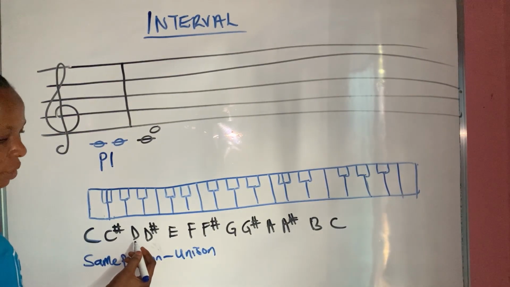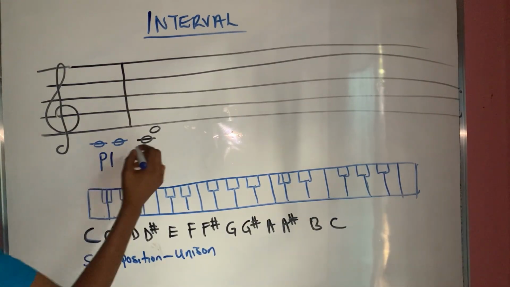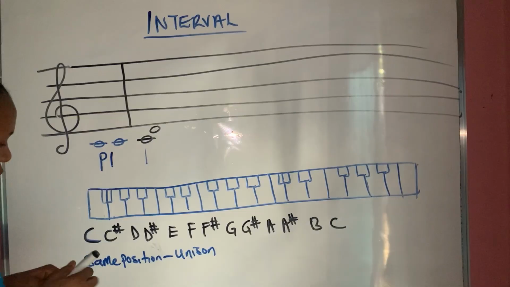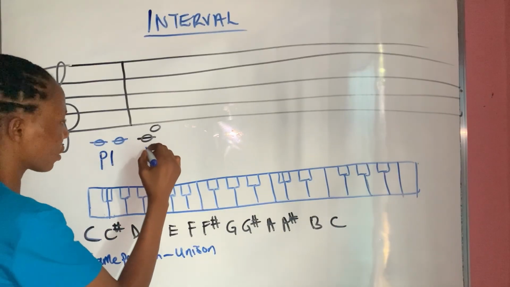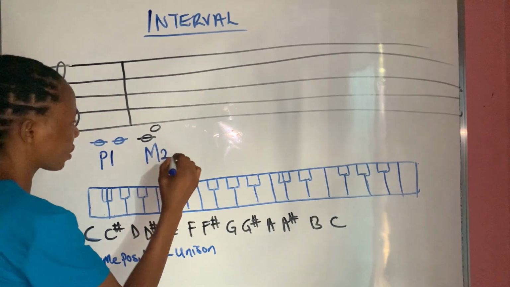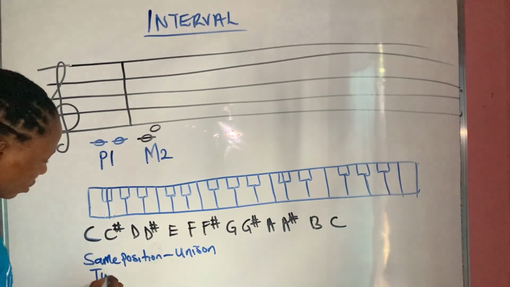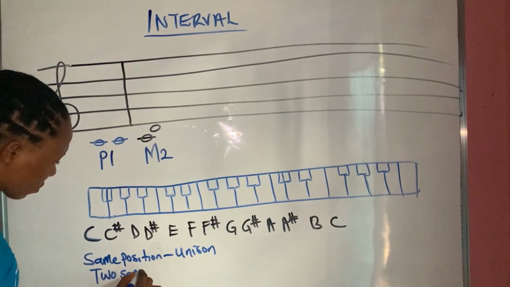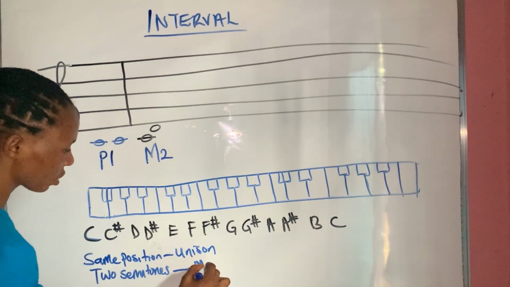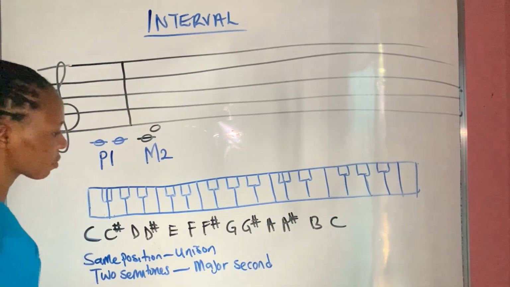Two semitones. So when two semitones are involved, it is considered a major second. Please see how I'm writing major second. Two semitones is called a major second. Please, this is very important.